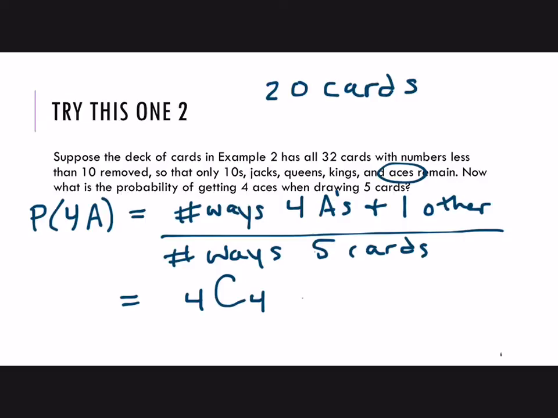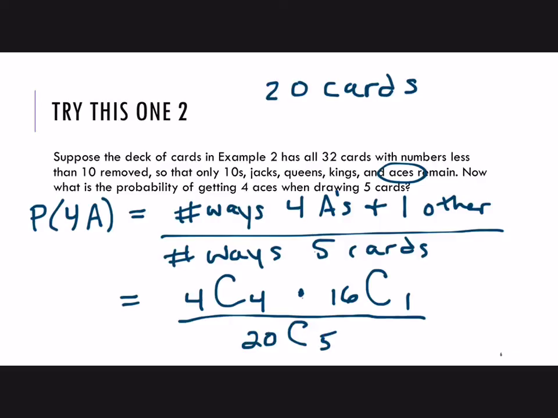Now the ways to choose another card. Once you've chosen the first 4 cards, that only leaves 16 other cards to choose from, and we want to choose one of those. How about the number of ways to choose 5 cards? There are 20 cards total, and we want to choose 5 of them.